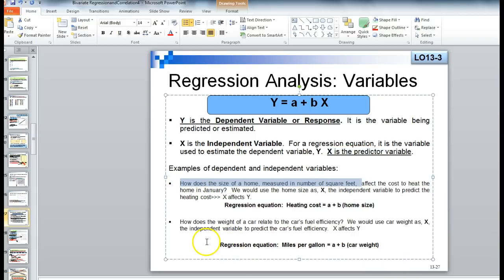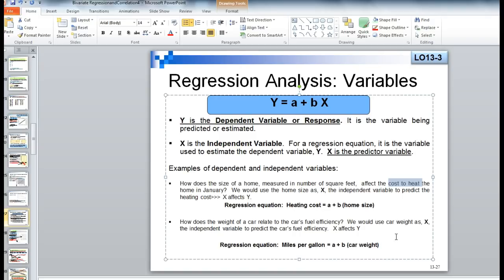It says we have data on size of the home, measured in square feet, and cost to heat that home in January. So is cost to heat the x, or is cost to heat the y?